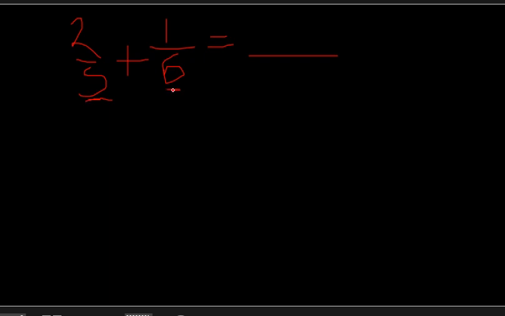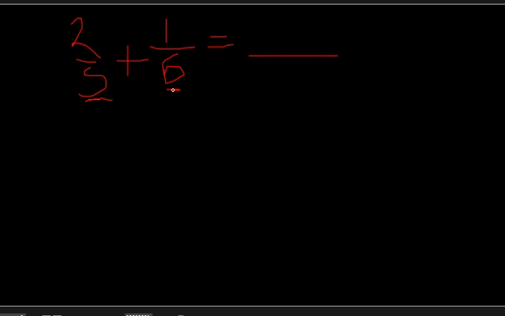When you talk about a common denominator, you'll find the lowest number where both 5 and 6 can go in without leaving a remainder.